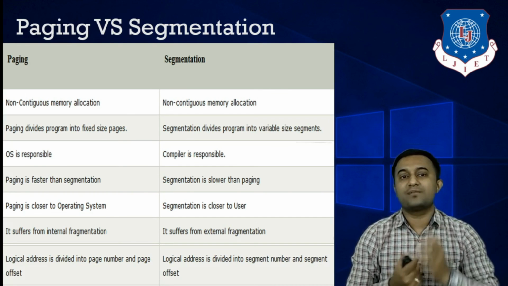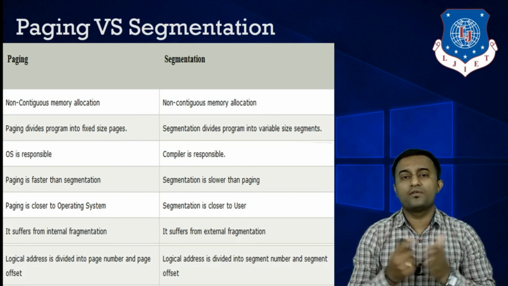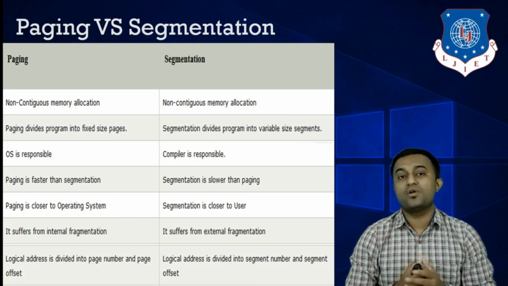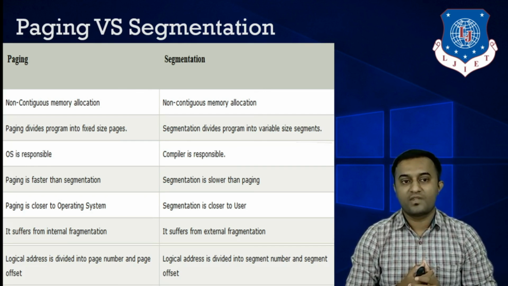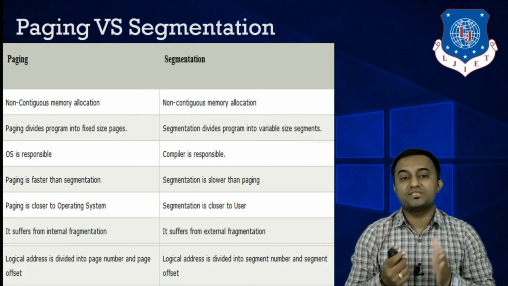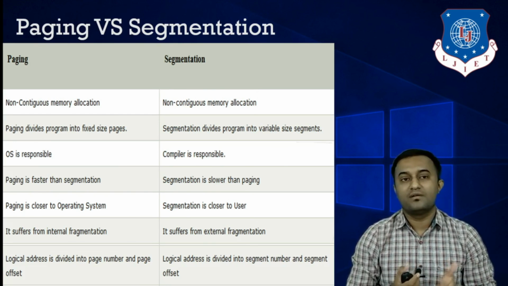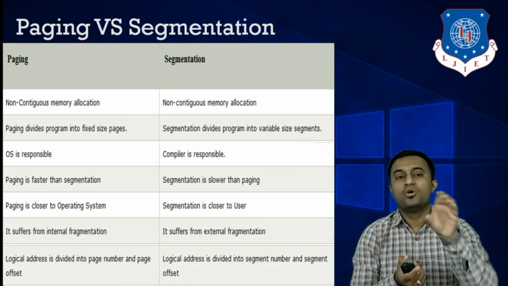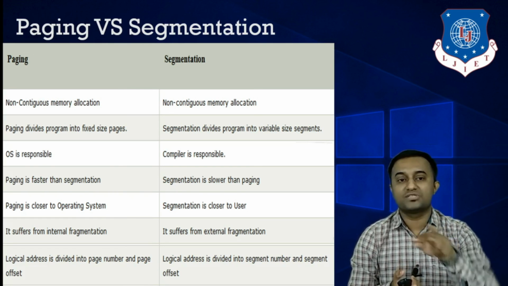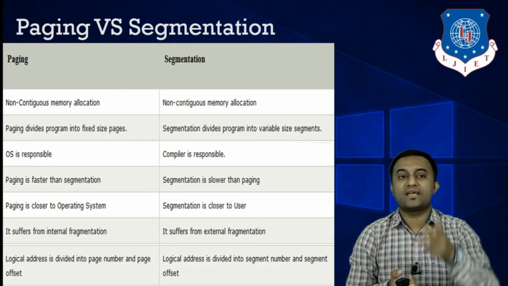Whereas in the case of segmentation, if you are going for a variable size partitioning scheme, it may suffer from external fragmentation. Okay, and the logical address is divided into page number and offset in the case of paging. As I told you, the CPU generates a logical address, and that logical address is divided into two parts: one is the page number and the second one is the page offset.